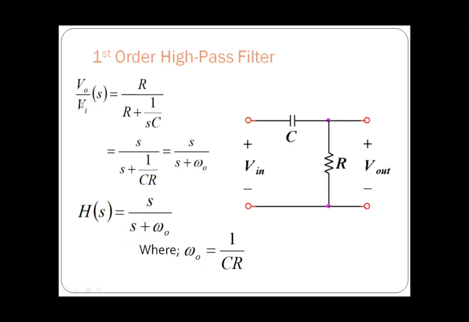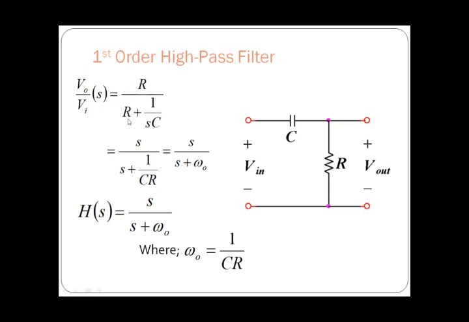So we can write the equation Vo is equal to Vin into R divided by R plus 1 by SC. If you bring that Vin to the left hand side, then it becomes Vo by Vi is equal to R by R plus 1 by SC. So this is how the equation is obtained.